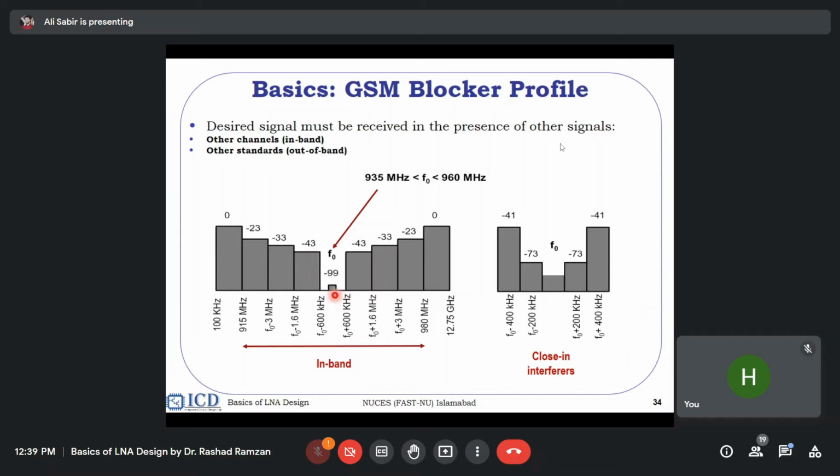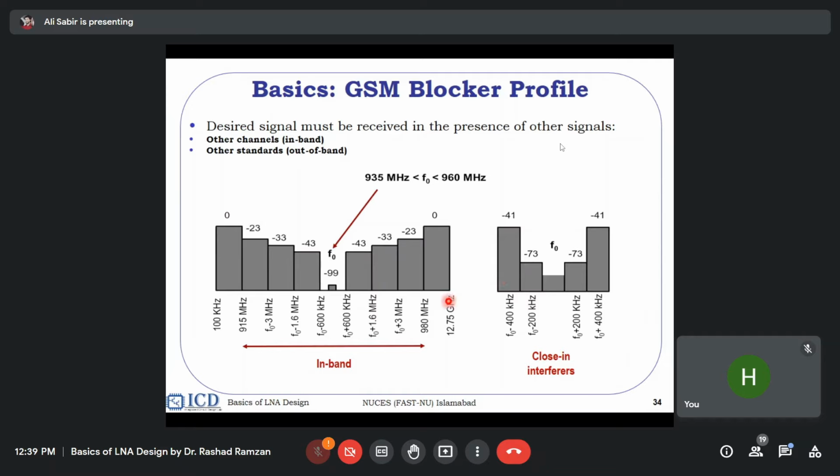So my signal is very weak, and my neighboring signals are powerful. My receiver should be selective enough, with enough filtering, that I can listen to this -99 dBm signal in the presence of all the blockers shown here. These are called in-band blockers, and these are called out-of-band blockers.